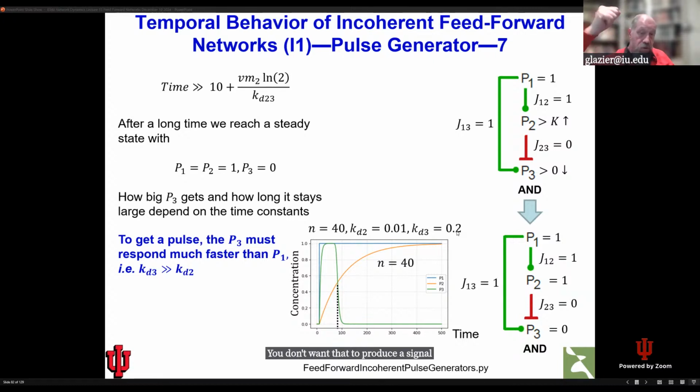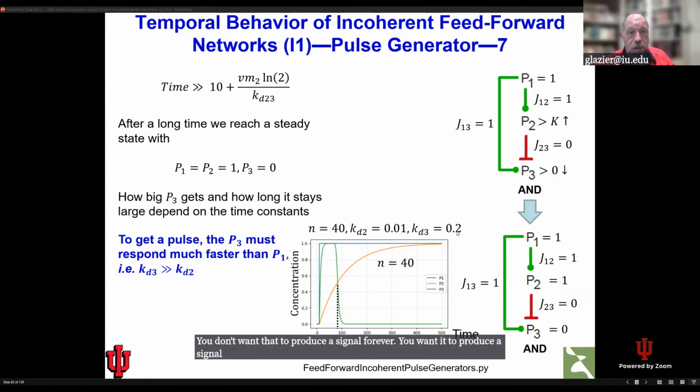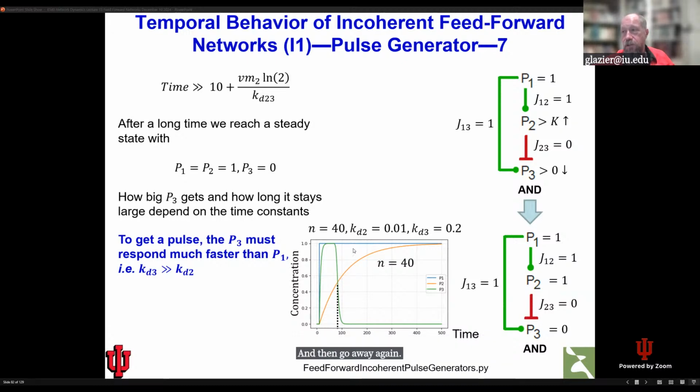You want it to produce a signal that says it happened and then go away again. You'll notice that if you turned P1 off again, everything would turn off after a while. Why don't you do that with an event? So why don't you go to, say, time 200 and have P1 go back to 0 and run it for a little longer and see what happens.